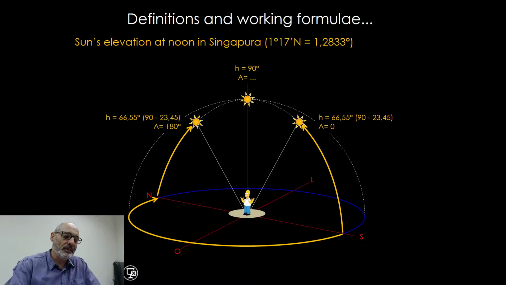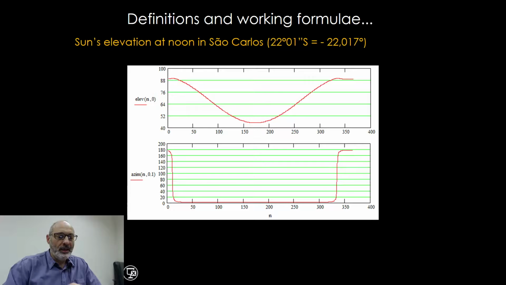If you draw this on the horizontal coordinates, this means that during summer you are here, during winter you are here, and during the equinox you are here.